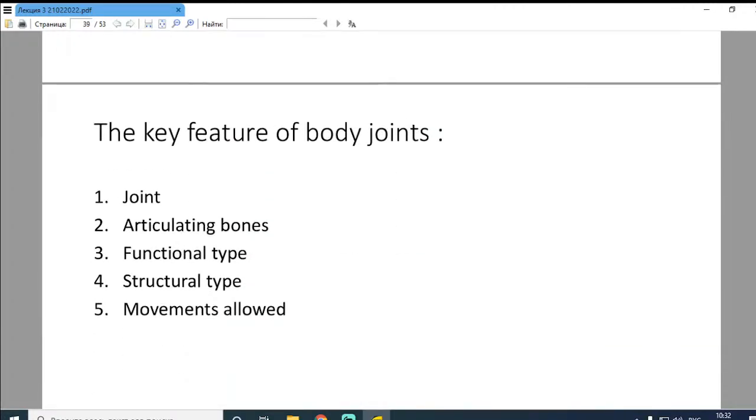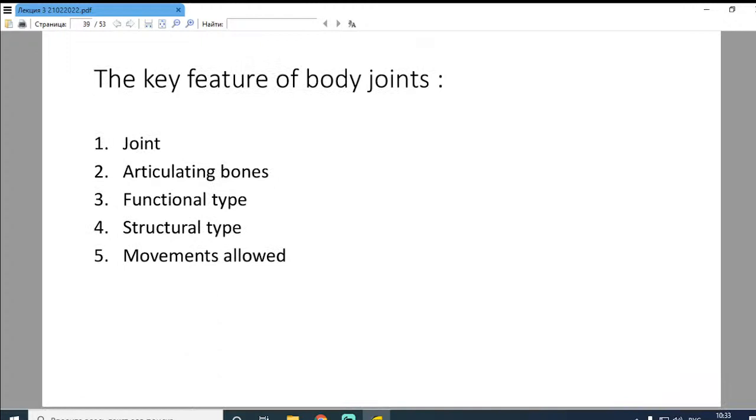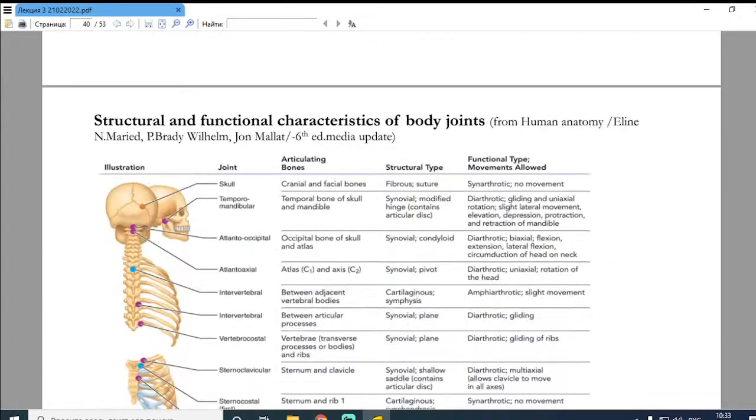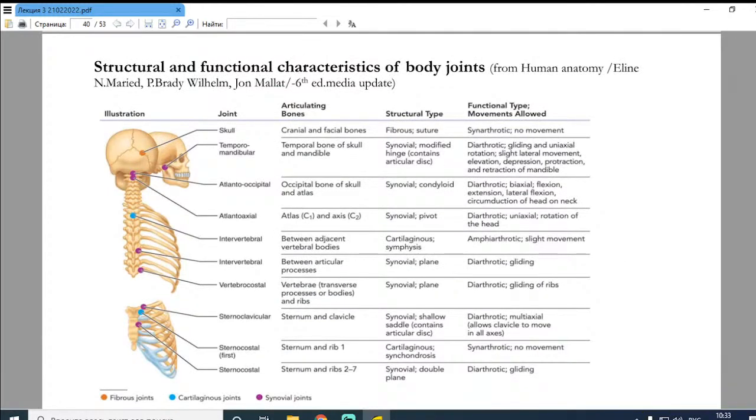The key features of body joints. You must know the joint, articulating bones, functional type, structural type, and movement allowed. And you see a table of structural and functional characteristics of body joints.